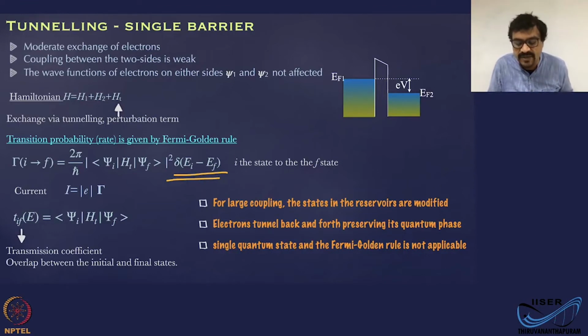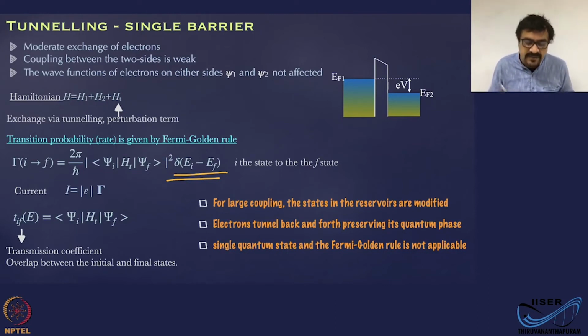It is valid only for EI equal to EF. What that means is, during tunneling, the energy is conserved. The initial and final state should have the same energy. That's what it says. Okay. This enforces the conservation of energy during tunneling, this delta of EI minus EF.